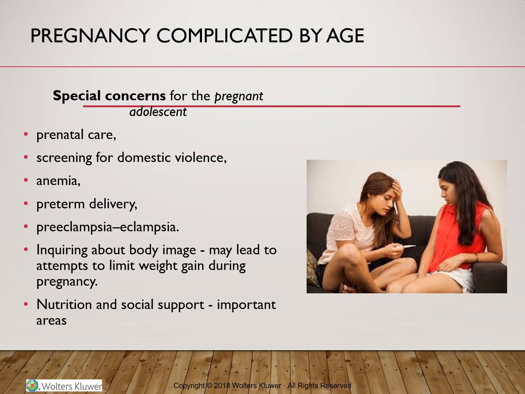They have a high risk for delivering prematurely. One way to decrease the risk of becoming pregnant is to educate them regarding birth control methods, and along with that, educate them regarding STIs and how those should be prevented.